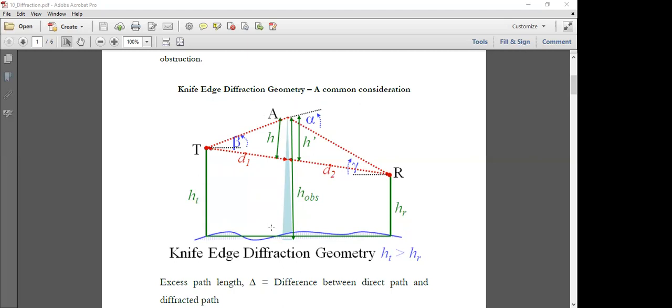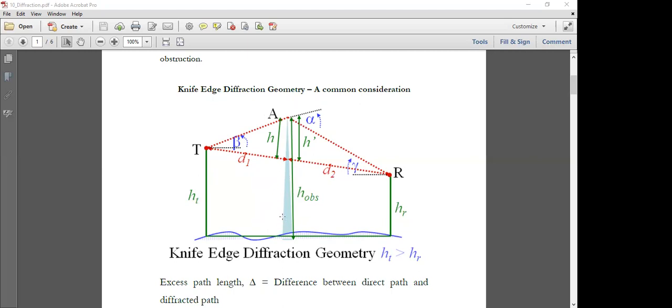There is a direct obstacle-free path here, and there is also an edge downwards. The point is below TR. So the obstruction is lower than TR.